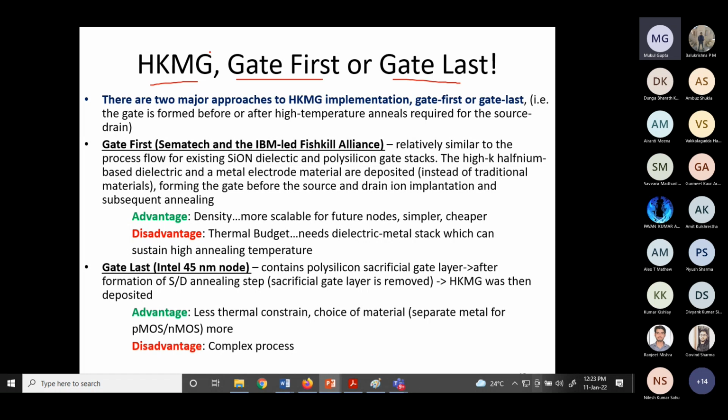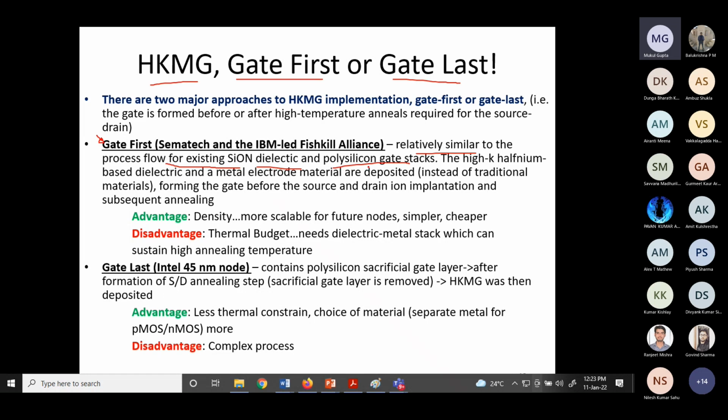So we saw different industries follow different approaches. For example, Sematech, IBM, these companies follow gate first approach because that is the conventional approach, right? This is relatively similar to the process flow of the existing silicon dioxide and nitride dielectric layer and polysilicon gate, right?